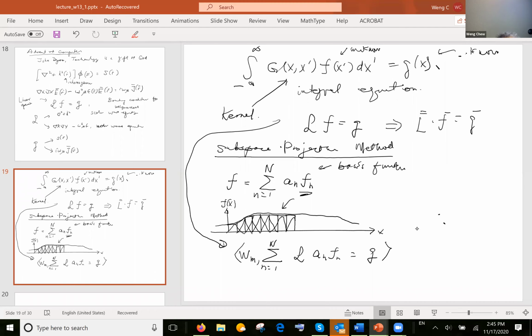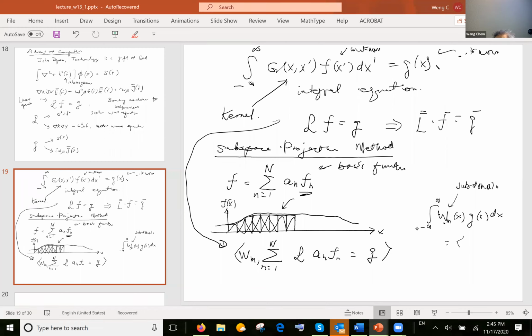So when I have, like in 1D, Wm of x, g of x, I'm going to integrate it. I might integrate it from minus infinity to infinity, but this is subdomain, so it doesn't matter. If W sub m is also a chapeau function or triangle function, I can pick my range of integration to be infinite, but it will only pick up the integration over places where W sub m is non-zero.